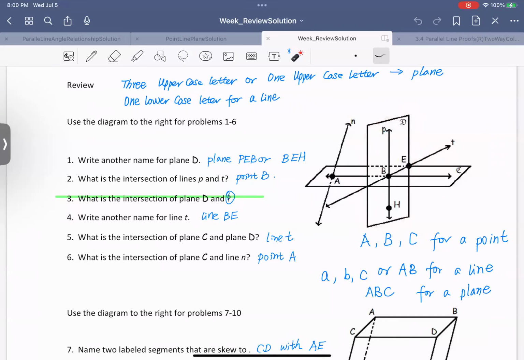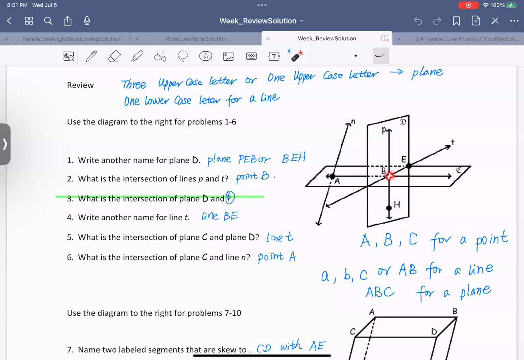And next, for the plane P, it is this plane, and this line, and this line. You use two lowercase letters here to represent these two lines. What is the crossing point?